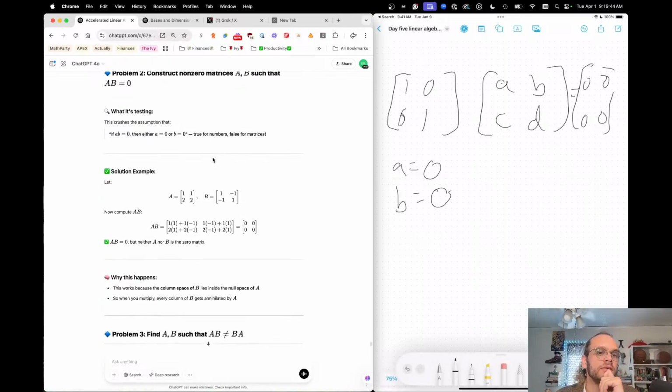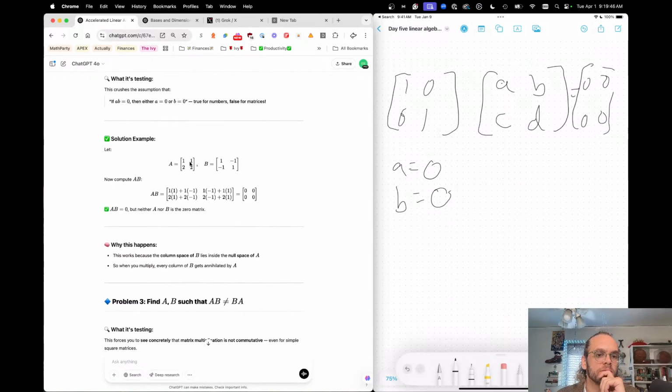Yeah. Non-zero matrices, 1, 1, 2, 2. Yeah, that was my issue. I got zeros. 1, 1, 2, 2. Yeah, I figured there'd be some numbers there. So this is weird because it's just guess and check. Ah, this works because the column space of B lies inside the null space of A.